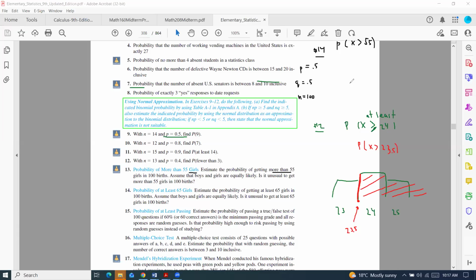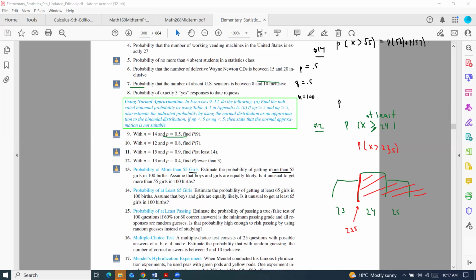But if you try to get the probability that X is greater than 55, and if you try to do it by hand, you're going to need to spend lots of time, because then you're going to need to get the probability of 56, more than 55, and 57, and 58, and 59.